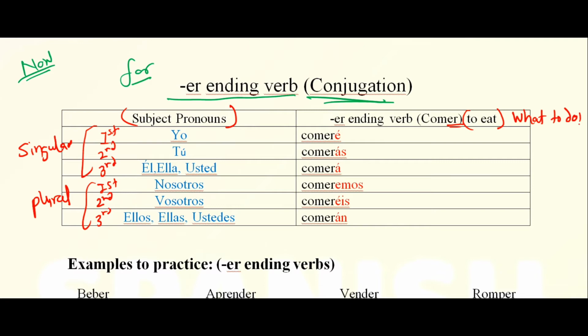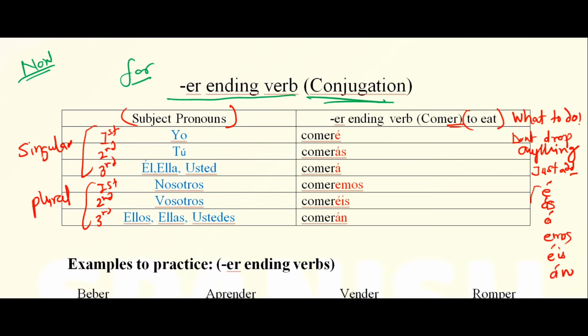We don't drop anything from the verb. That means comer will remain comer in all forms, but we will add the suffixes as we did in AR ending verbs: é, ás, á, emos, éis, án.